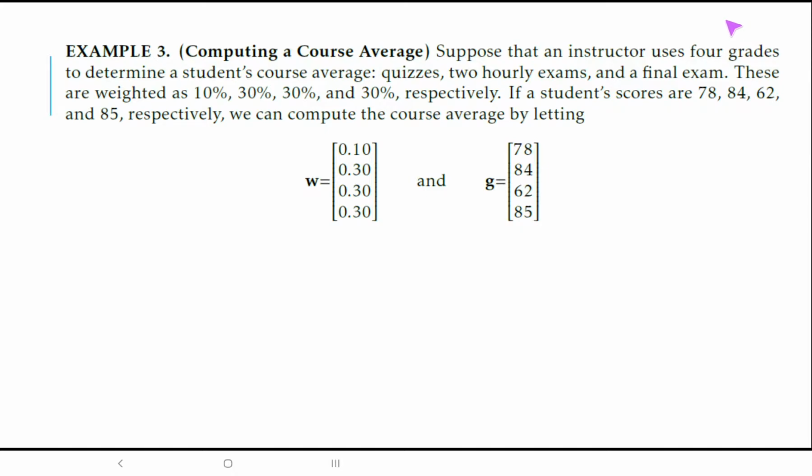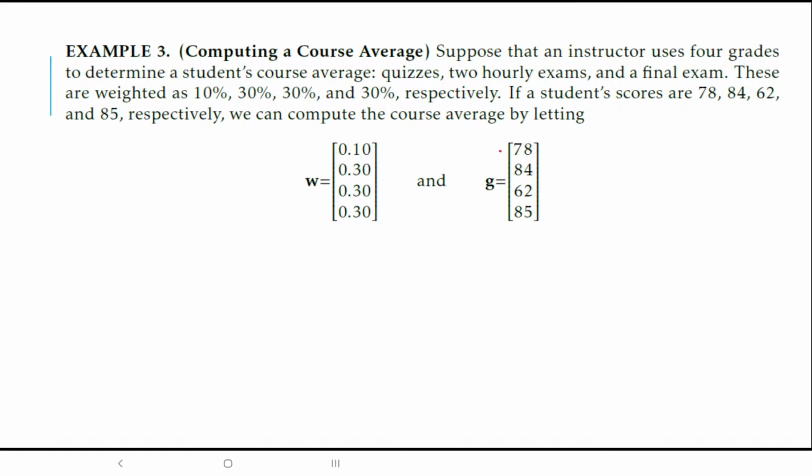Okay, so we have here our next example. One application of the dot product is that we can use it to compute the general weighted average. Pwede nyo gamitin ito para makompute yung weighted average nyo. So suppose that we have 4 weights, and then 4 grades din.